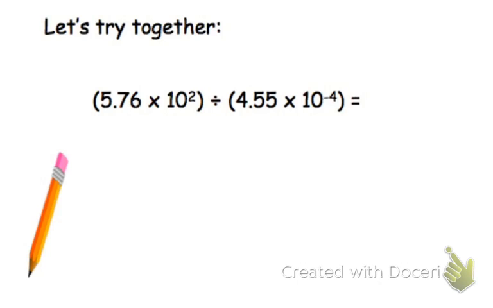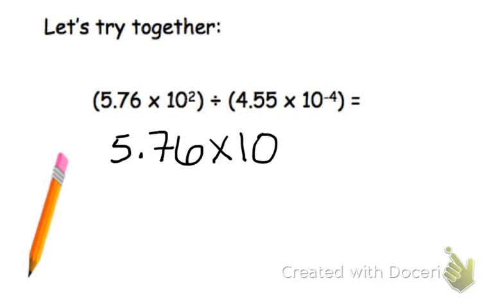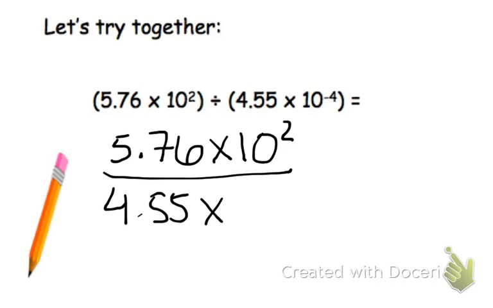The next example that we'll look at, we will be following the same steps, we just have different values for our coefficients. Another way to set up division is by writing out a fraction. 5.76 times 10 to the second power divided by 4.55 times 10 to the negative fourth power.